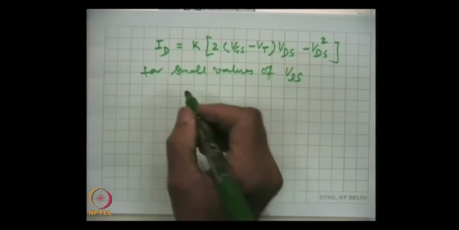This is the relation which shows that current is proportional to VDS. This is what we observe here.